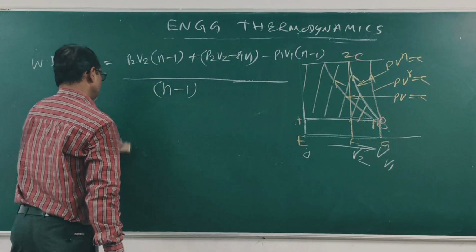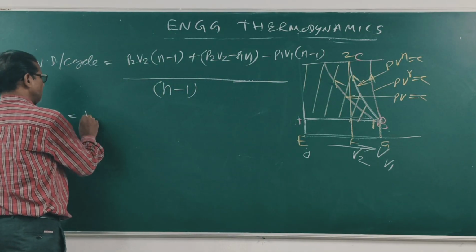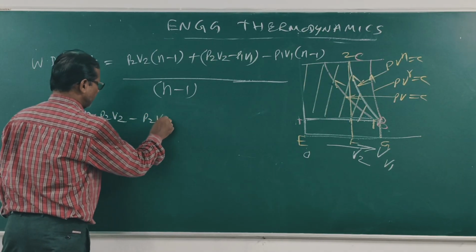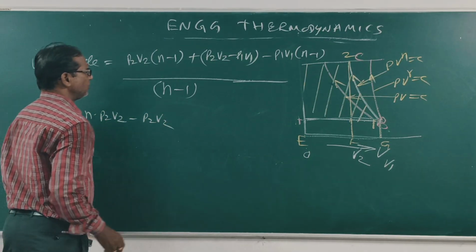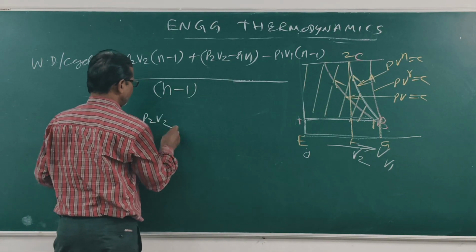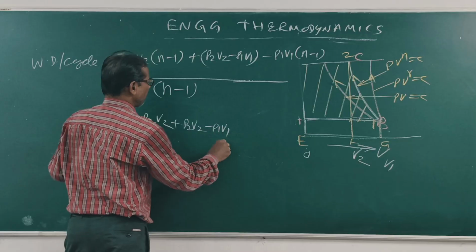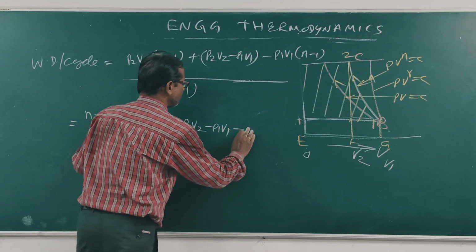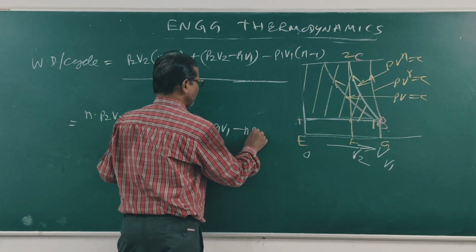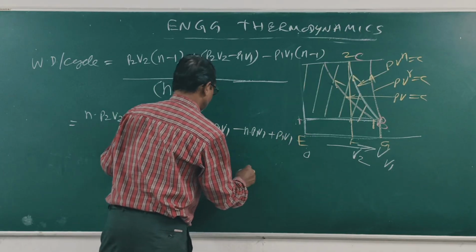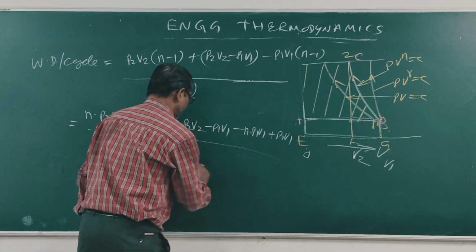Right? This is equal to n into P2 V2 minus P2 V2 plus this P2 V2 minus P1 V1 minus n into P1 V1 minus P1 V1 plus P1 V1, whole by n minus 1.